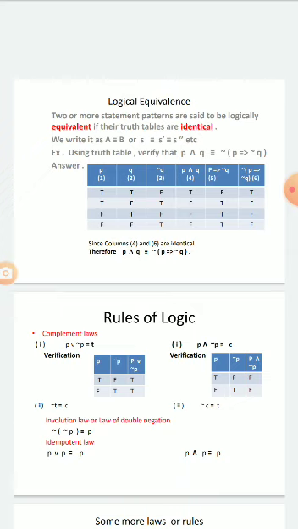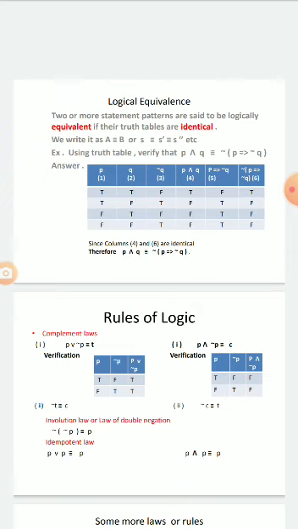We see that both the values in the column for P or not P are equal, and each is equal to T. So that shows that P or not P is a tautology. And on the right side, P and not P is equal to C.